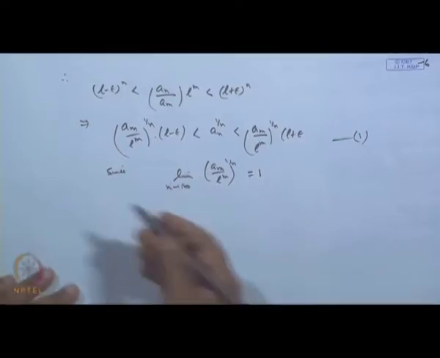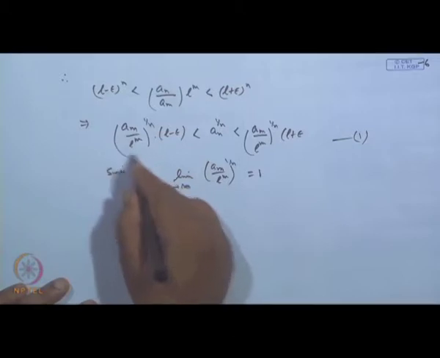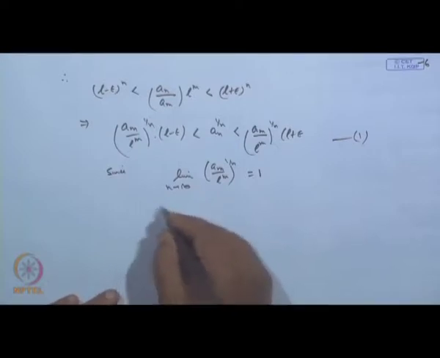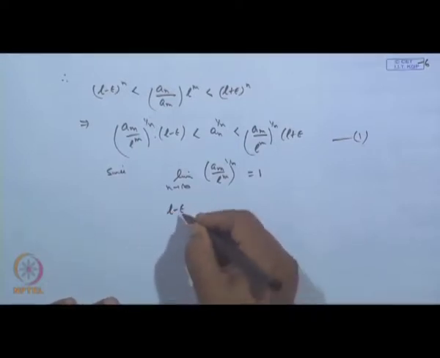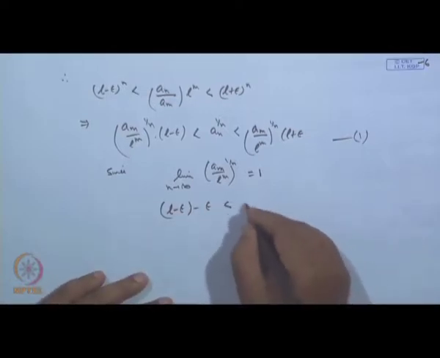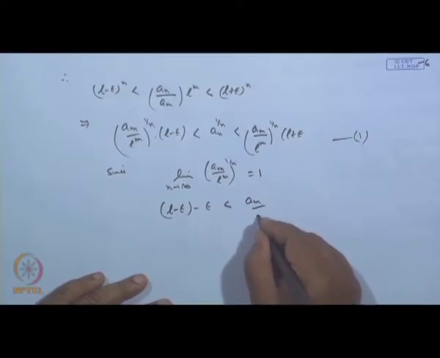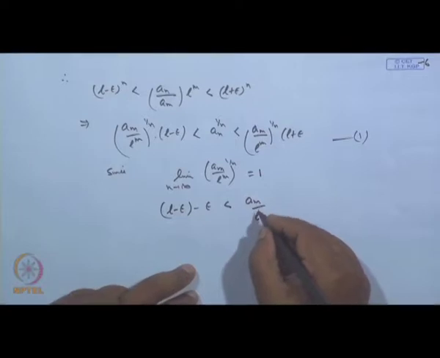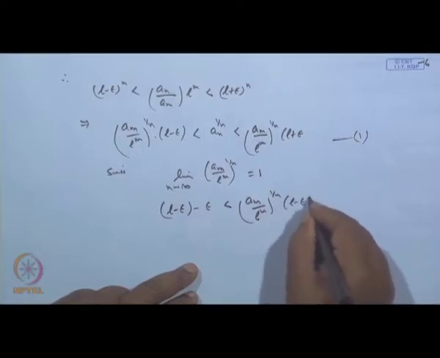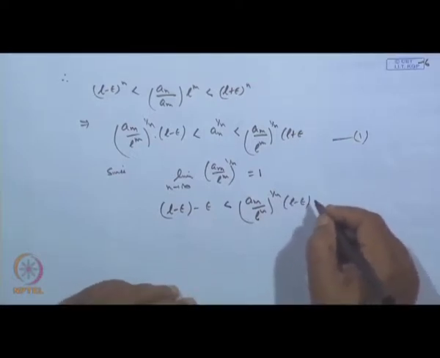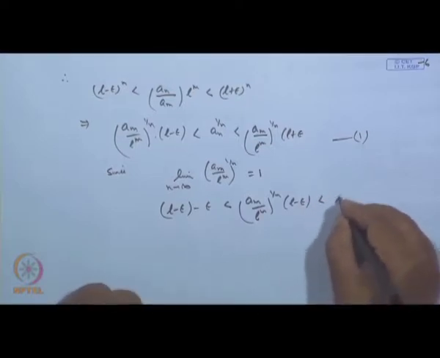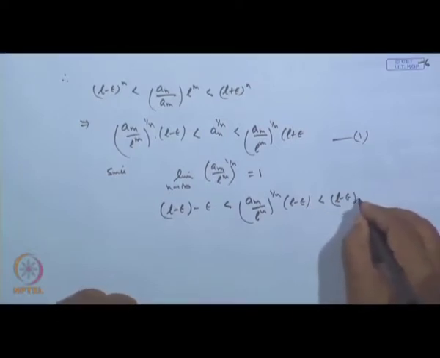So this entire thing lies between here. Therefore, we get L minus epsilon is less than (a m over L to the power m) raised to the power 1 by n times (L minus epsilon), which is less than L minus epsilon plus epsilon. Why?